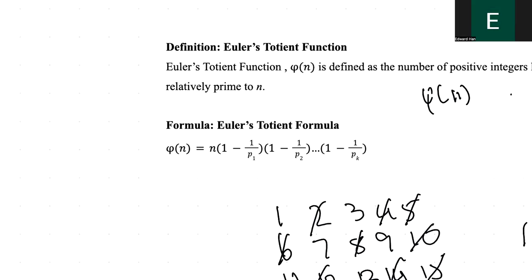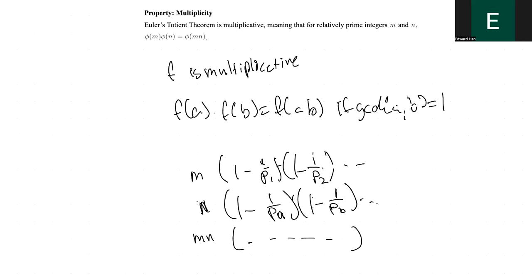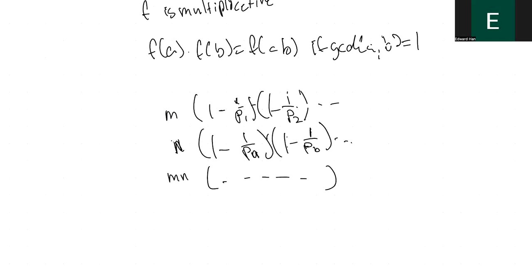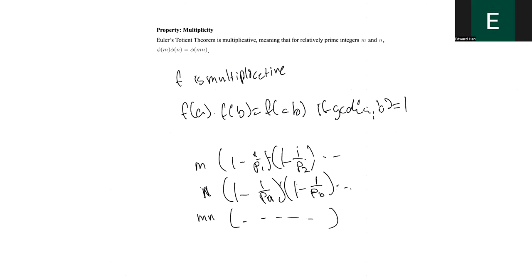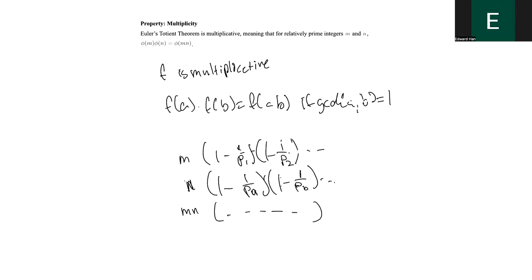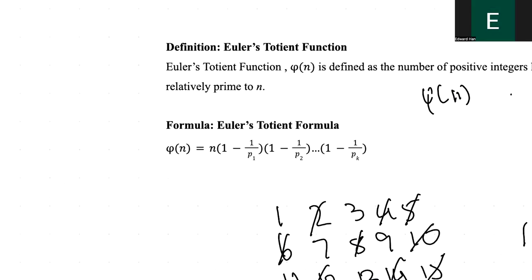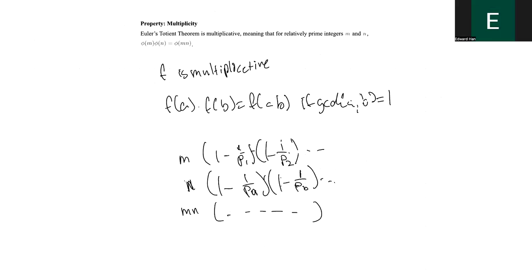So that's how you prove the multiplicative property. And you can use this to do some proofs too, including proving this in another way, like proving it for the prime numbers and then proving it for everything else.